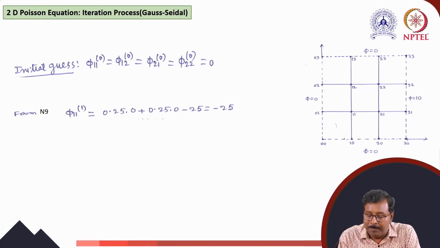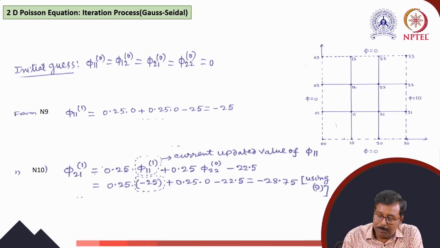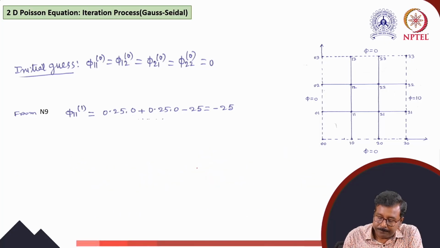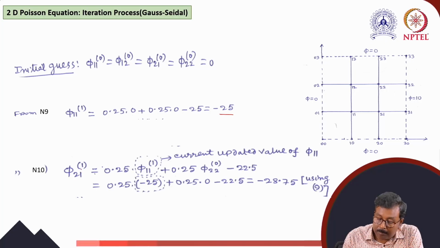We have to update, but one different thing to observe here: from the N9 equation, the value of phi 1 1 is 0.25 into 0 plus 0.25 into 0 minus 25, that is minus 25, same as in the Jacobi method. Similarly the other values are there, so phi 2 1 we can calculate now.